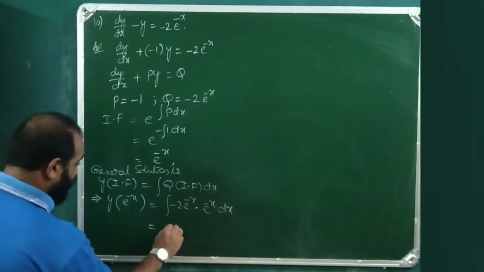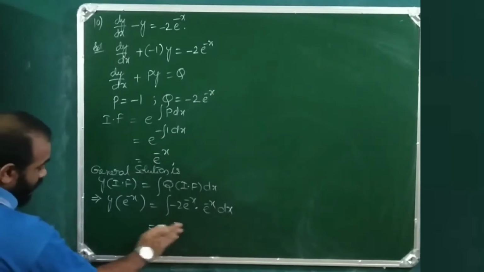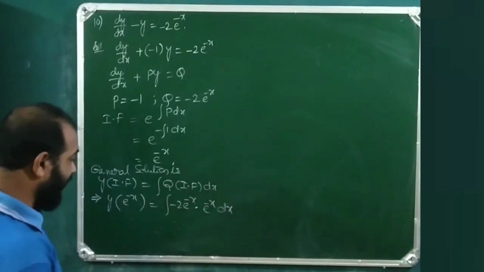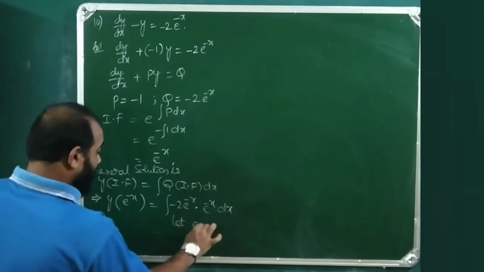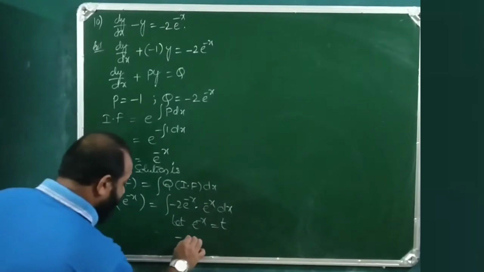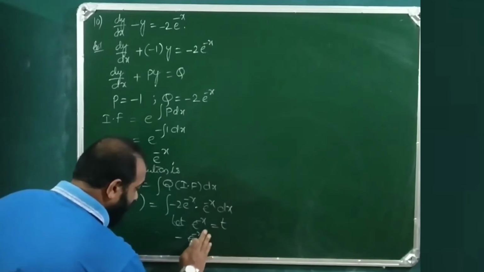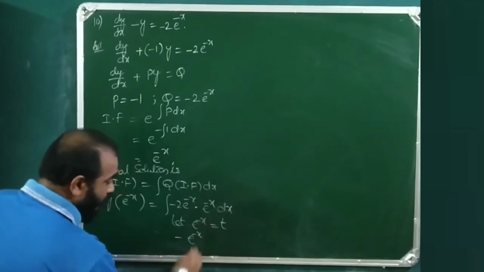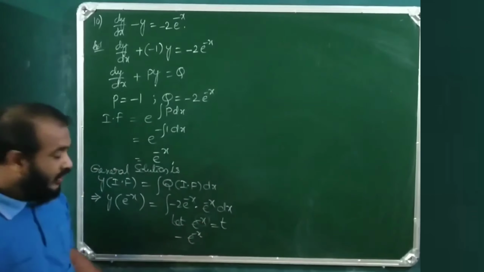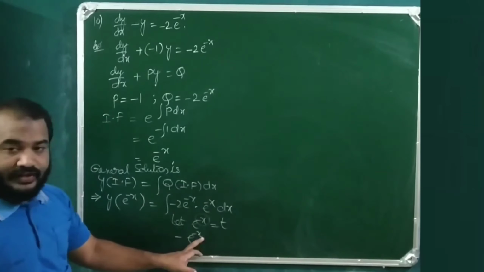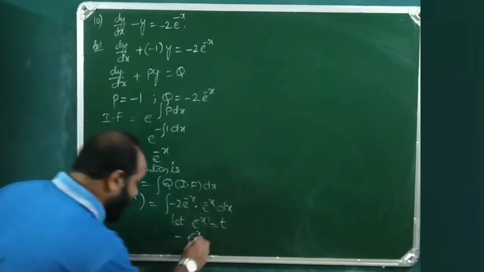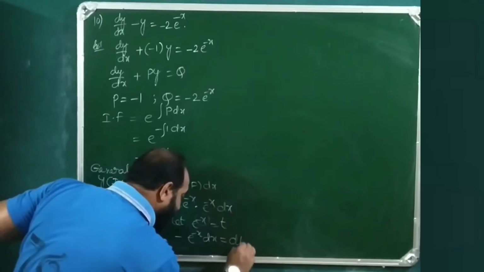So this is equal to minus 2 times the integral. Let us take the substitution: let e power minus x equal t. Then the derivative of e power minus x is e power minus x itself into d by dx of minus x, which is minus 1. So minus e power minus x dx is equal to dt.